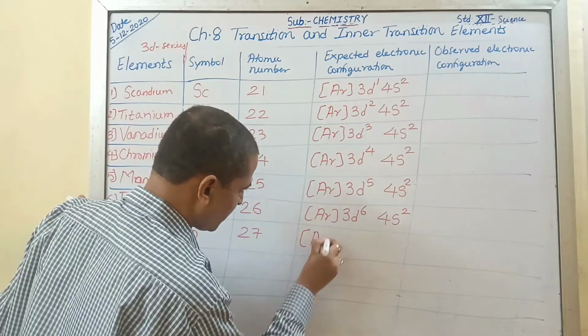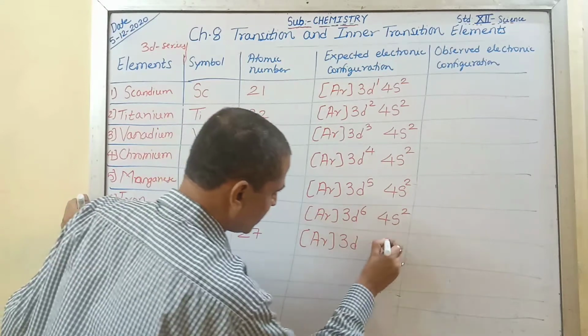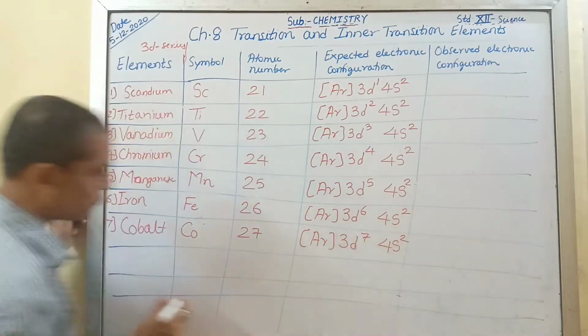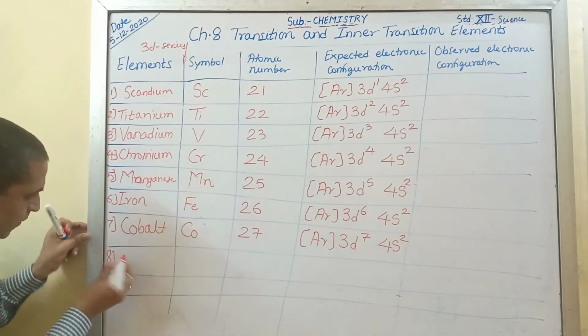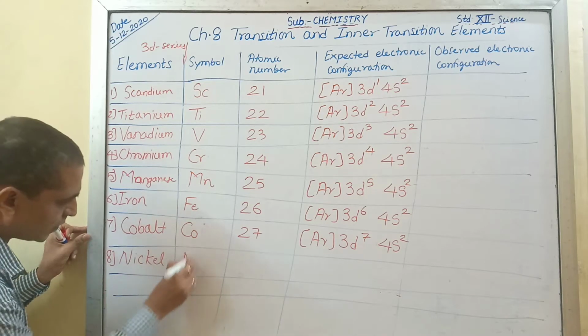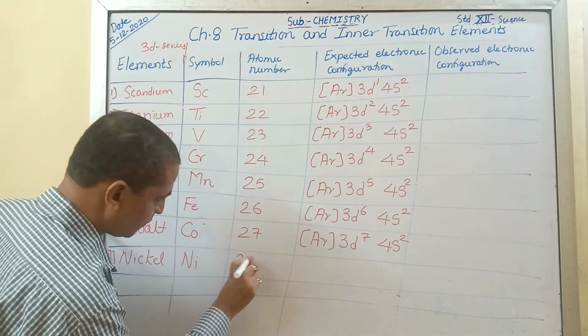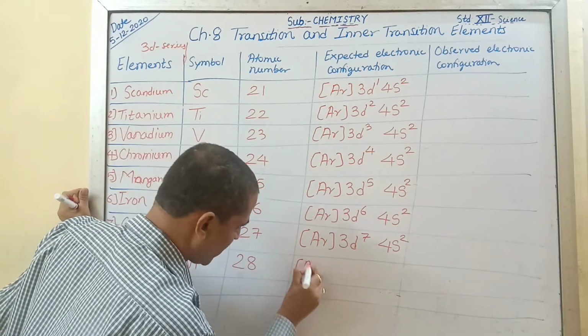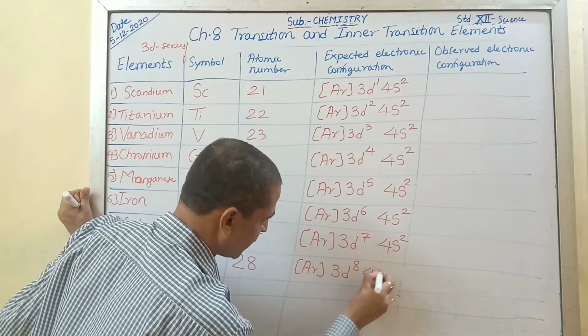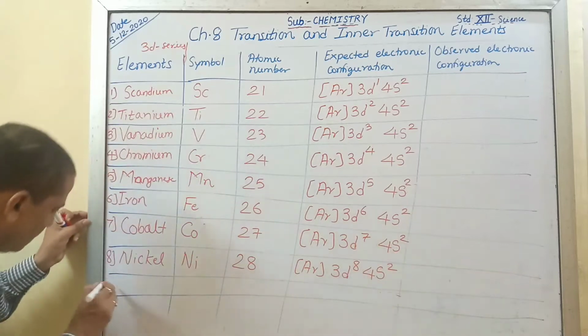Here we have argon, 4s2, and 3d7. Next one is nickel, symbol Ni, atomic number 28. Here we have argon, and it becomes 3d8 because the last electron enters the d subshell.